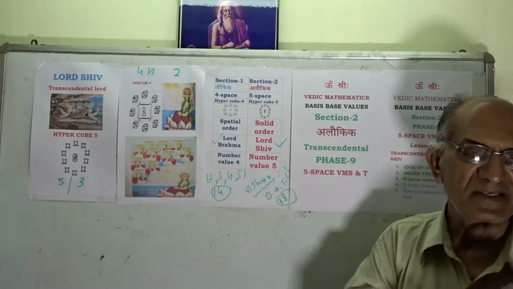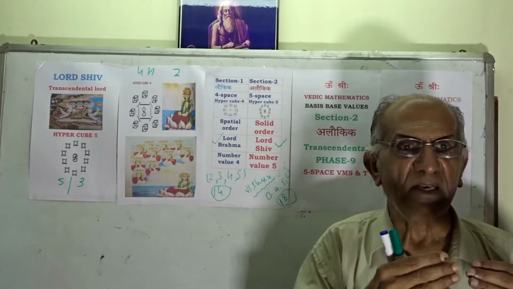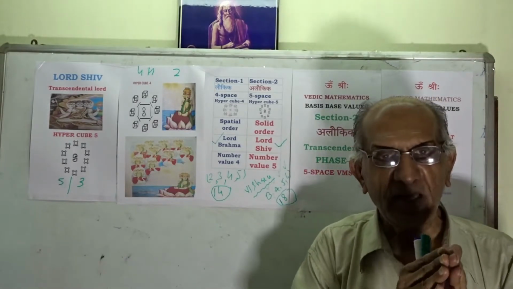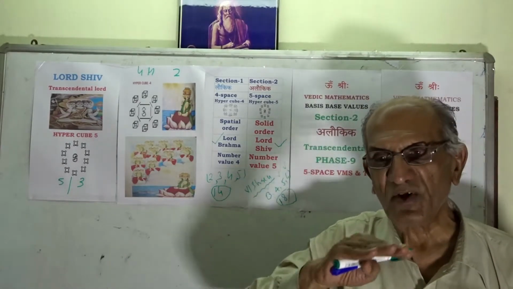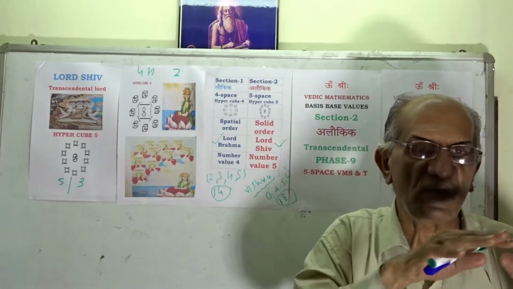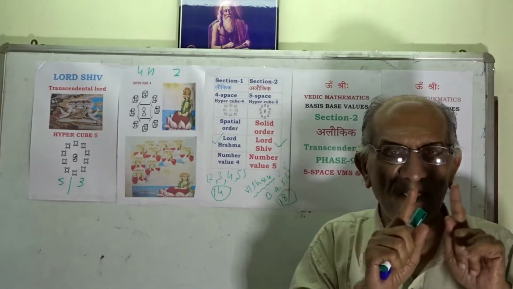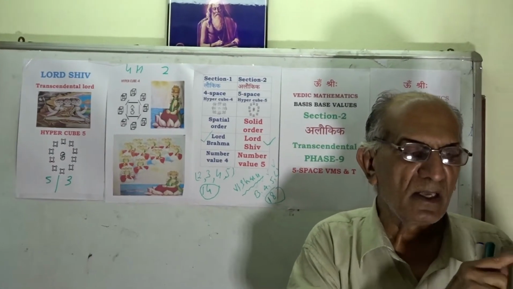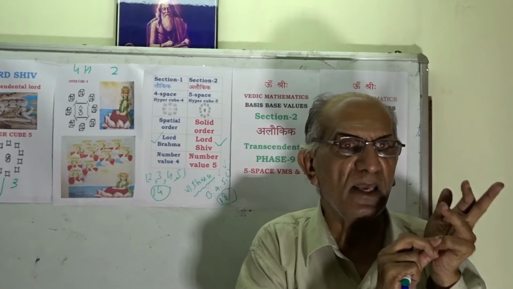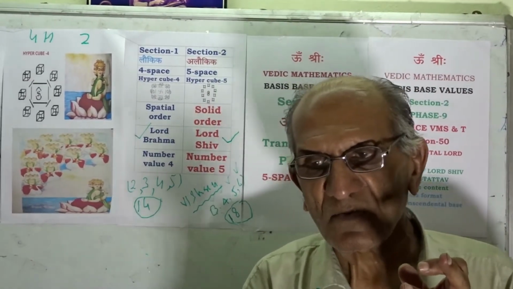Therefore, once this phase and stage is attained, then really one should feel that one is on the track of, on the path of the 5-space VMST. Therefore, 5-space VMST requires, number one, that one shall regularly meditate in terms of the augmented text of Ganita Sutras.